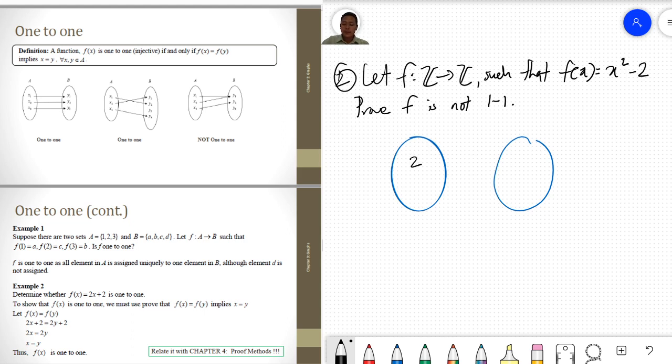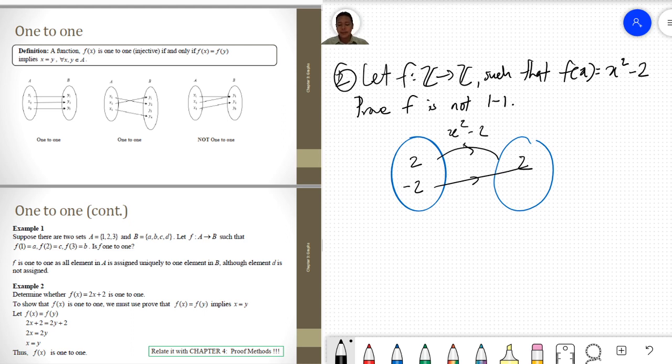If it is 2, 2 to the power of 2, x squared minus 2, 4 minus 2 will be 2. For negative 2, it also gives 2, because negative 2 squared is 4, minus 2 will be 2.